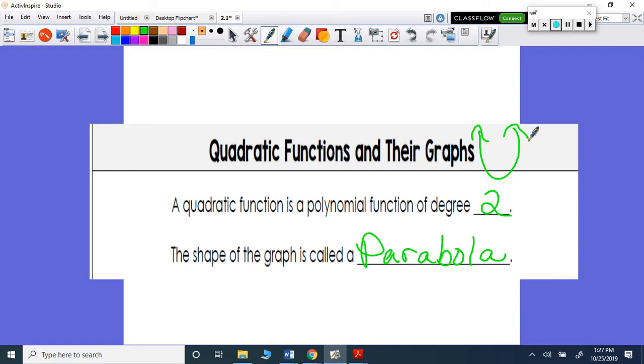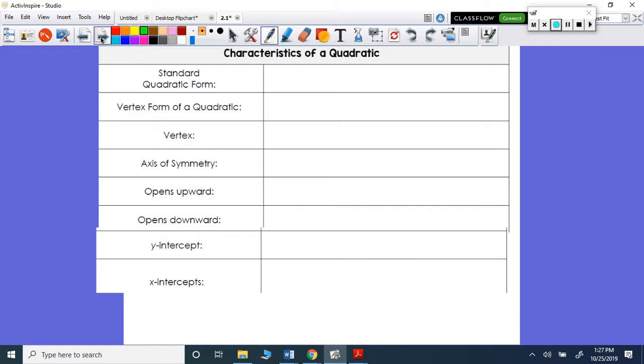What you're going to learn today is that as we were shifting them just from the equation, you were actually dealing with the vertex. The standard quadratic form is ax squared plus bx plus c, and a can't be 0, because if it is, you have a linear equation, not a quadratic. That's the standard form, and you will have to know the difference.